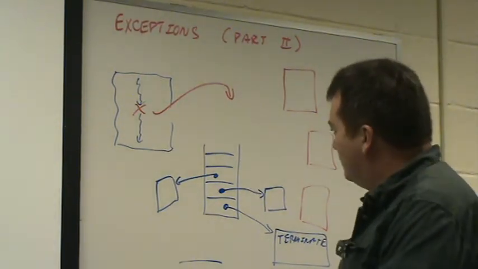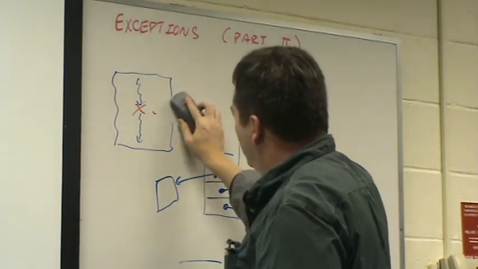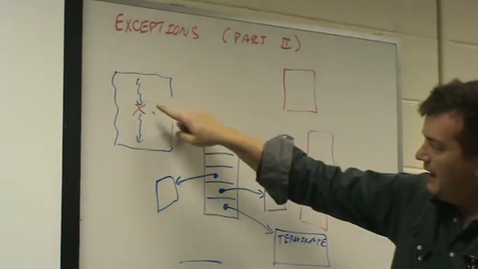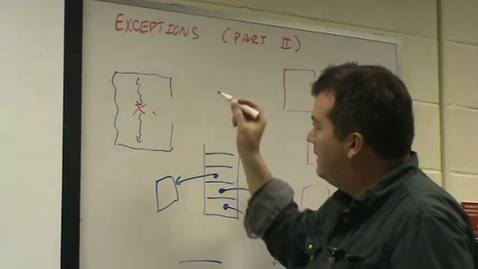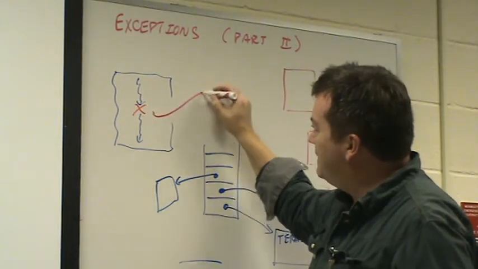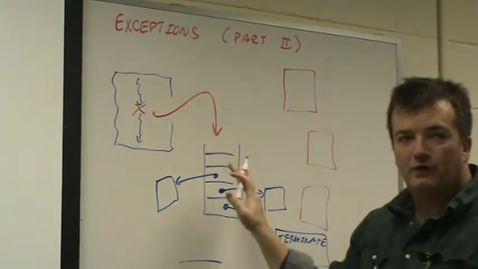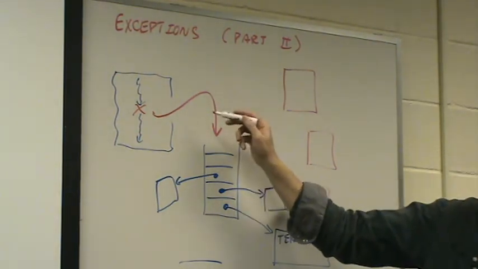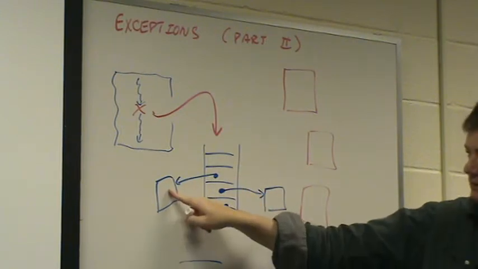So before you get involved with your try-catch statements, if your code is running and something unexpected happens, the operating system creates an object on your behalf and sends it to this stack, hopping down the stack looking for handlers of the same type. As soon as it finds something that matches that type, that's the routine that gets called.